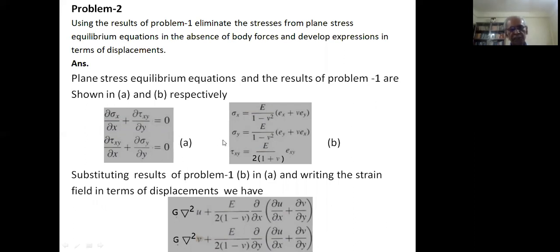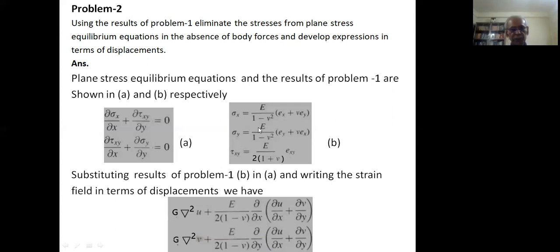And from problem 1, we have written stresses in terms of strain for plane stress condition, and that is sigma x equal to E by 1 minus mu squared epsilon x plus mu epsilon y, and sigma y is equal to E by 1 minus mu squared epsilon y plus mu epsilon x, and tau xy equal to E by 2 1 plus mu epsilon xy.